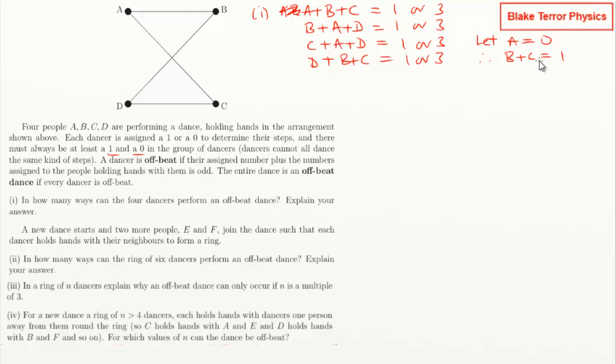So B plus C is equal to 1. It doesn't matter which one we do, they're identical to each other because they're both connected to D. So let's say B equals 0, C equals 1, and by symmetry it doesn't matter which way round.